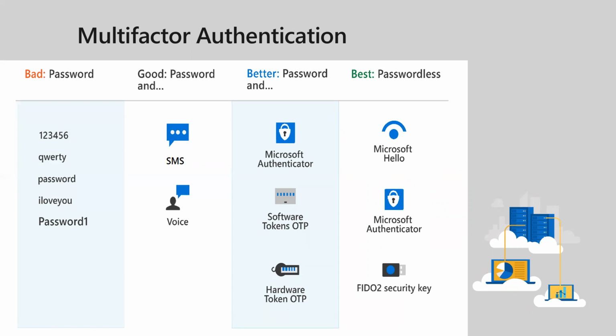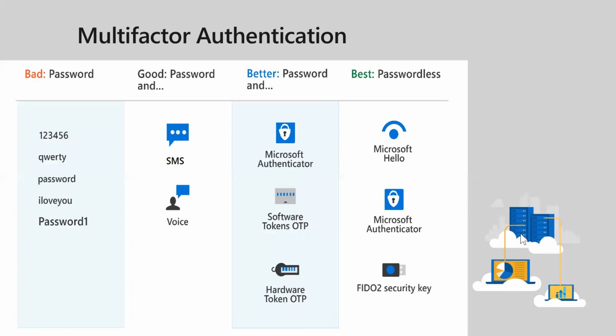In Azure Active Directory, multi-factor authentication works by requiring factors like something you know, something you have, and something you are. Something you know means you can have a password, a PIN, or any key or something like that.